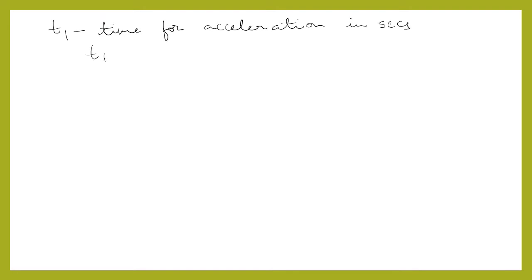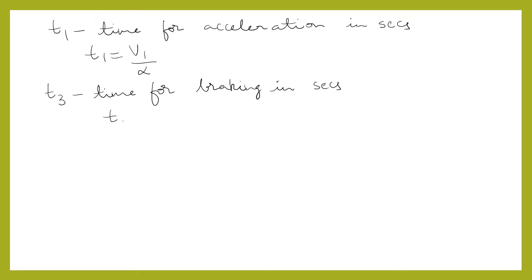It is given by the equation V1 by alpha. T3 is the time for braking in seconds. It is given by V2 by beta.